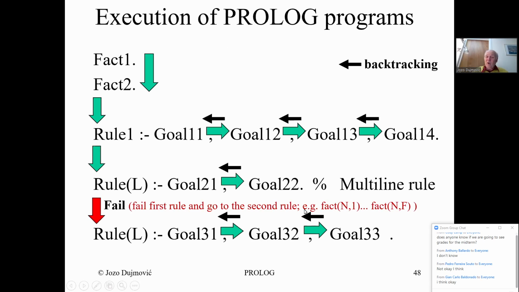So the point here is that if you have multi-line rules, you cannot come to this rule at the bottom unless you first fail this rule here. So after you try to satisfy this rule, if there is a solution, this solution is going to be given to the user. If the user is satisfied, you will never reach this rule at the bottom.